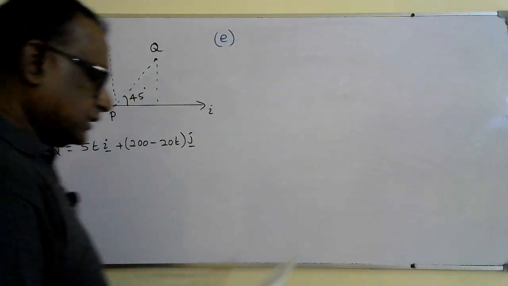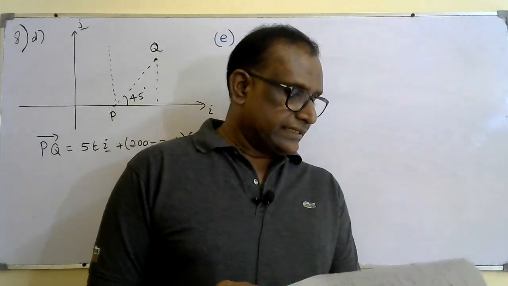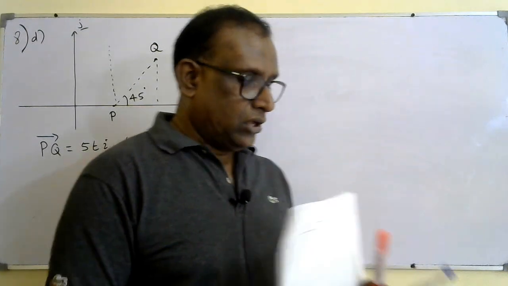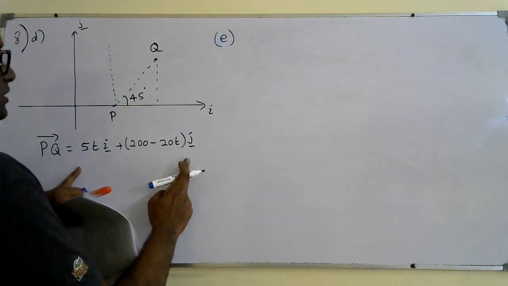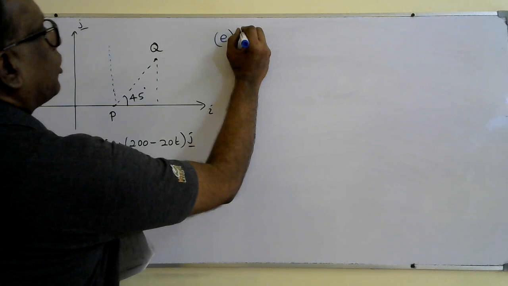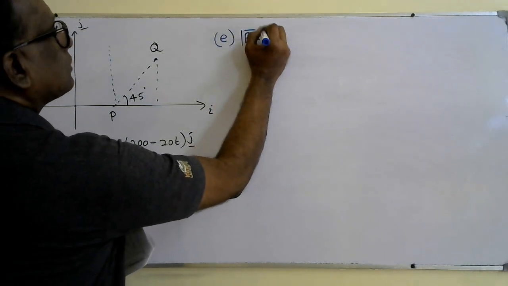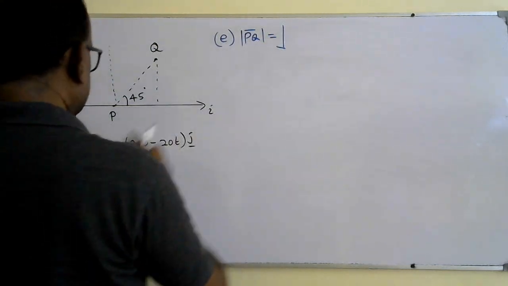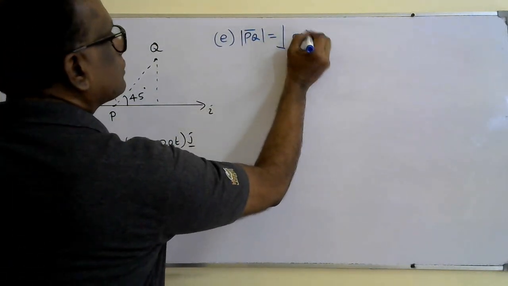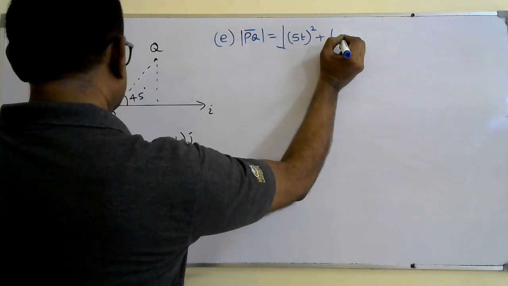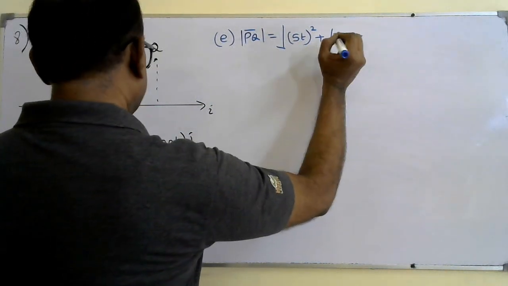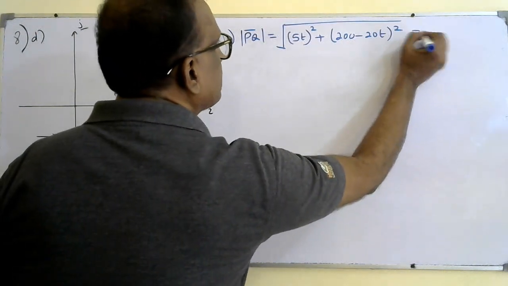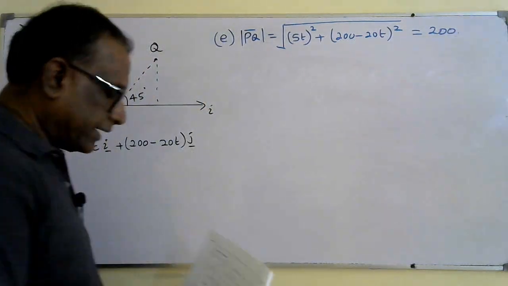Okay, so the last part of this question: find the times when P and Q are 200 meters apart. 200 meters apart means the modulus of this should be 200. So mod PQ is equal to the square root of (5t) squared plus (200 minus 20t) all squared, which must be equal to 200. Square both sides.